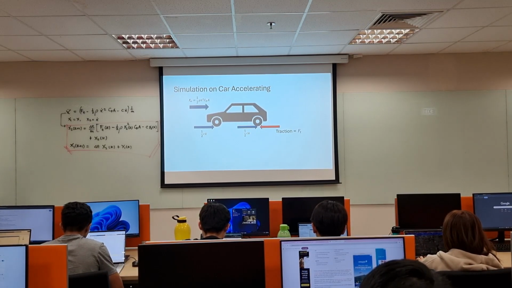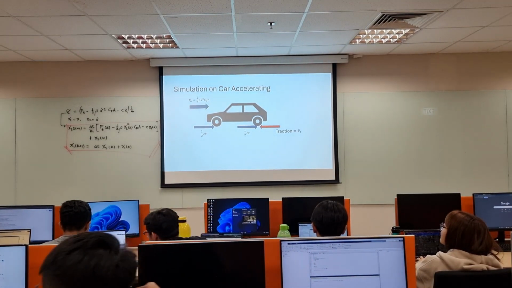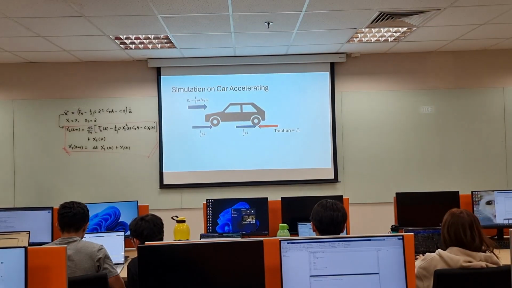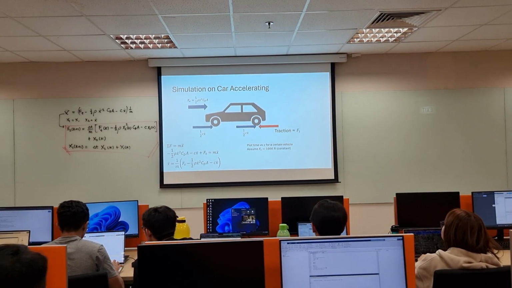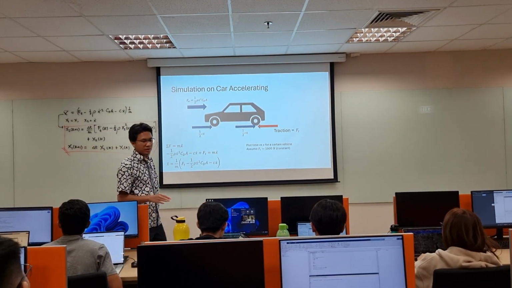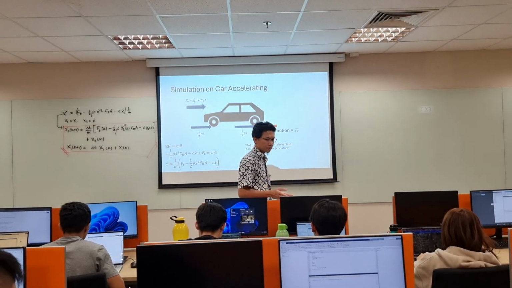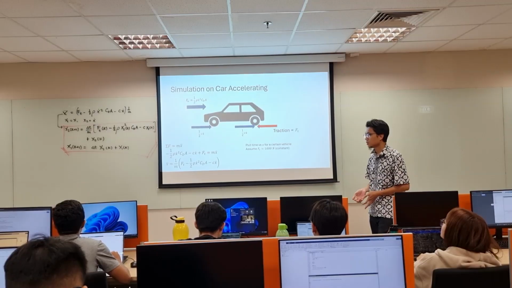Anyone start writing the codes already? Yes, you are starting writing the code. Okay, let's plot. Before you plot the graph, what is your expectation on x? How do you expect x to go?